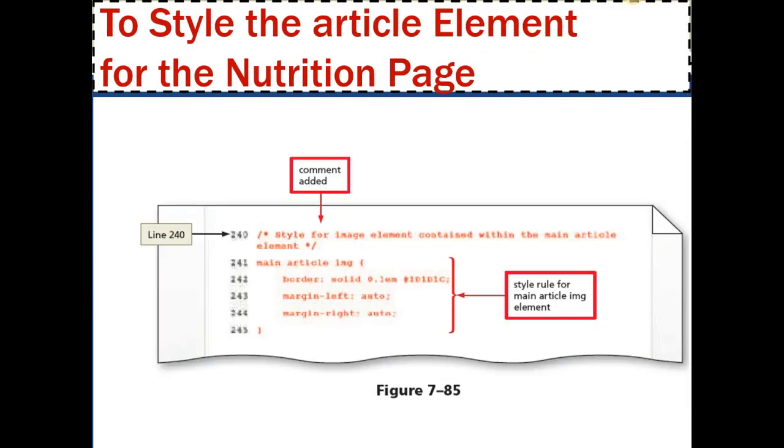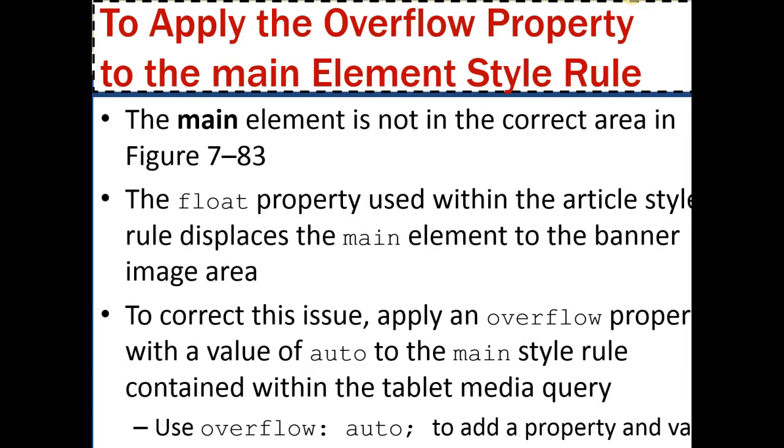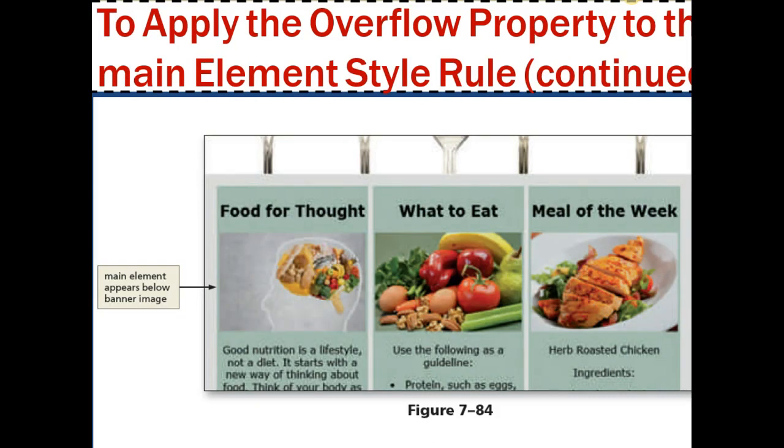So basically in here we are going to put the float property we used with the article style rule to display the main element next to the banner image, and then we apply the overflow property with the value auto in the main style rule, and use overflow colon auto to add the property and value, and it will look like this.